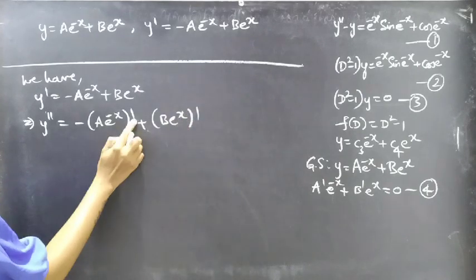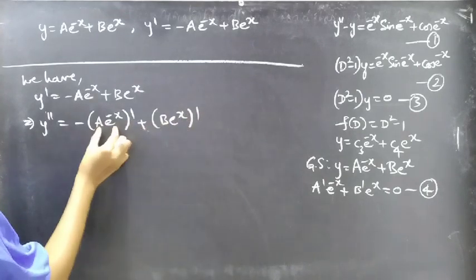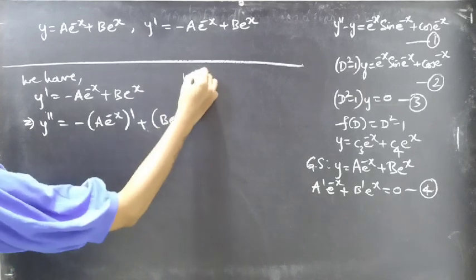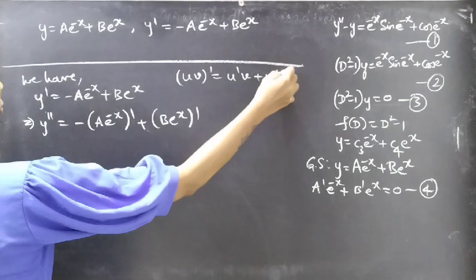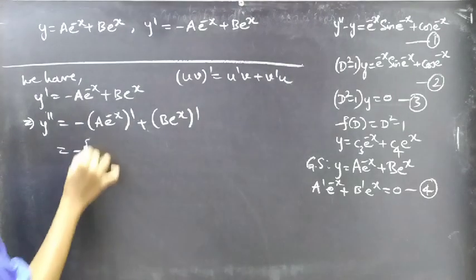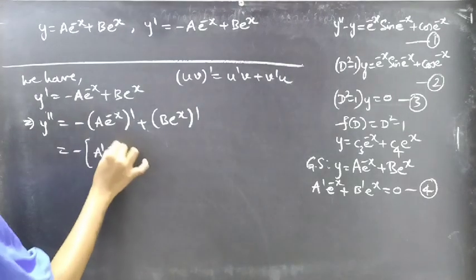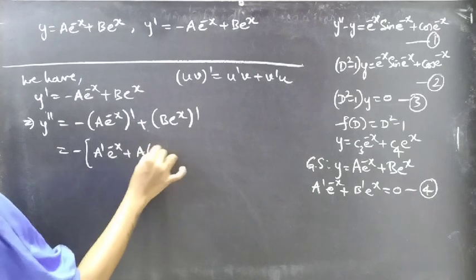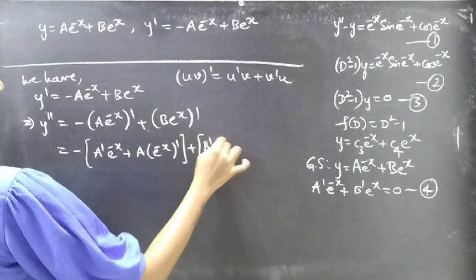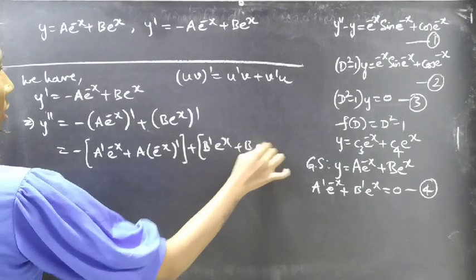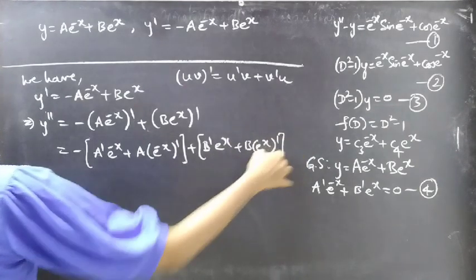So here also we need to find the derivative of a product of two functions. So we are going to use the (uv)' formula, u'v plus v'u. We'll get a' e^(-x) plus a into (e^(-x))' plus b' e^x plus b into (e^x)'.